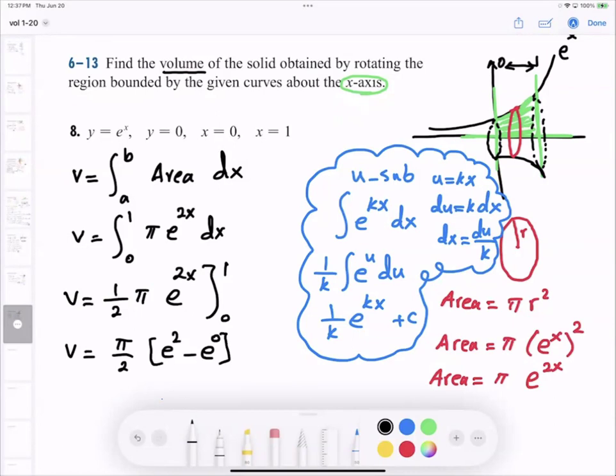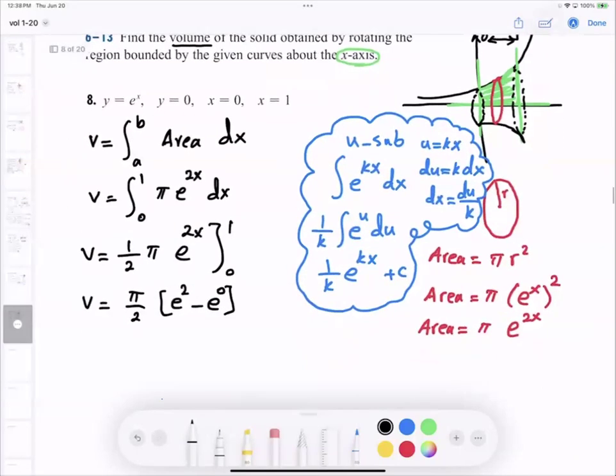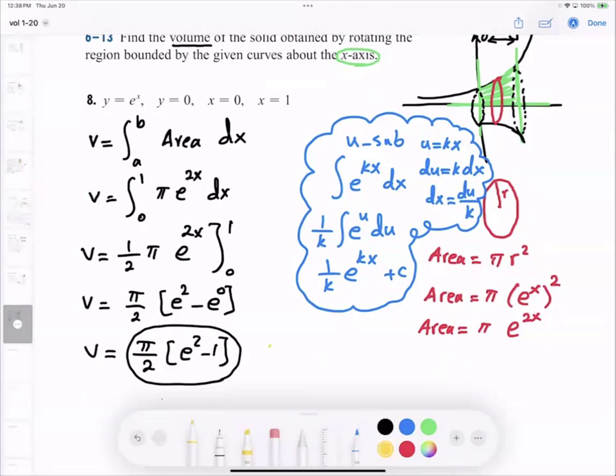E to the power 0 is not 0, everybody. E to the power 0 is just 1. So you can write this guy, V, or the volume, as pi over 2 times (e squared minus 1). So this is the volume. If you want to see a number, you can use a calculator and approximate this.